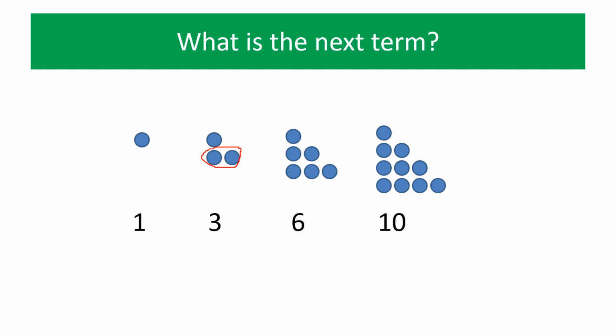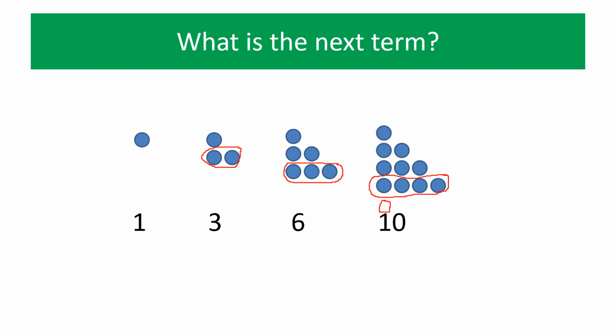In the next term, we can see that in addition to the 3 we had in the previous term, we added another 3. If we look at the 4th term, we can see that we added 4 extra little dots in that row. So from that we can conclude that in our 5th picture, we are probably going to be adding 5. Okay, so let's test that.